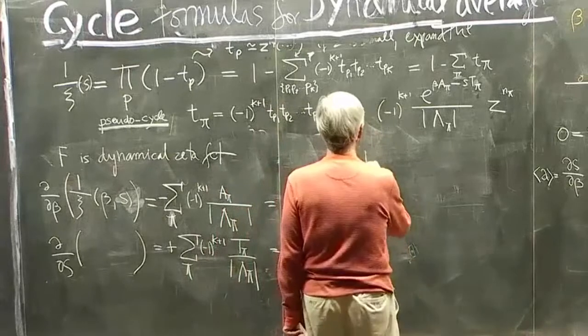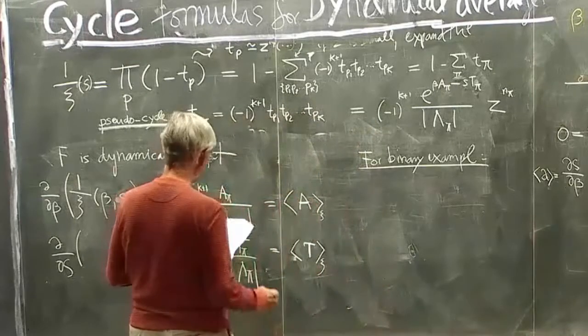So for the binary example, we know this cycle expansion, so we can just write them down.